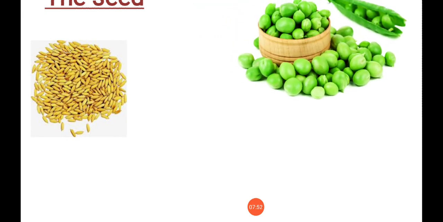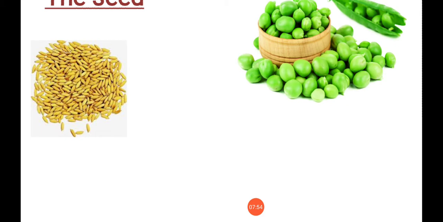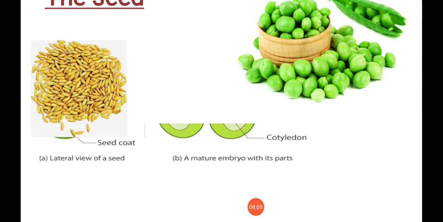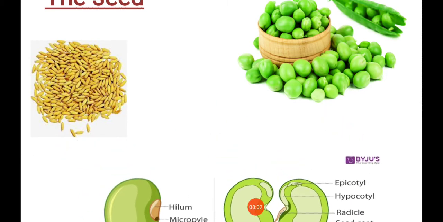If you look at the pea or bean seed, you will see a scar or mark. This is where the seed is attached to the fruit. It is called hilum.